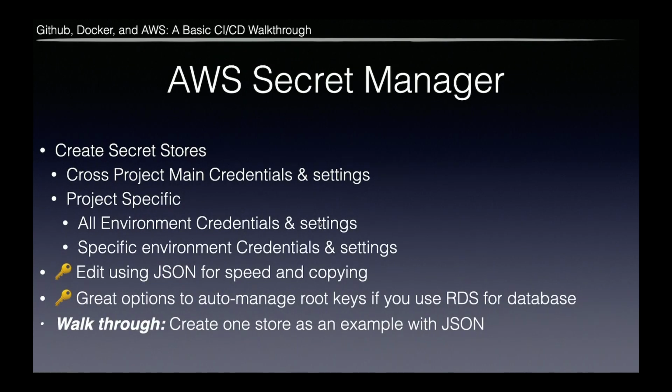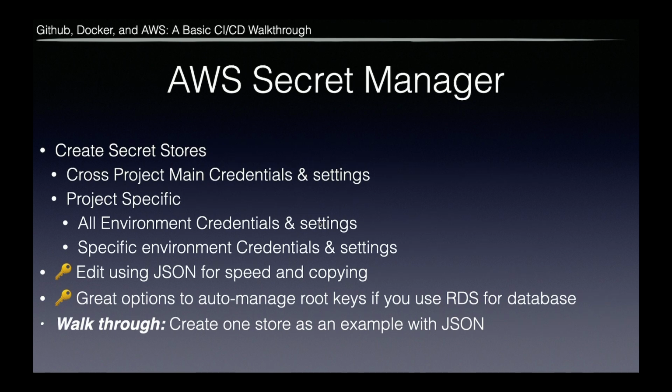So, as I said, we create secret stores. You can use the secrets cross-project. For your project-specific stuff, what I recommend is at least 2. One is the build necessary stuff that could be for all your environments, and then one is for your actual ENV that's specific to different environments, be it dev, staging, UAT, production, whatever it is.